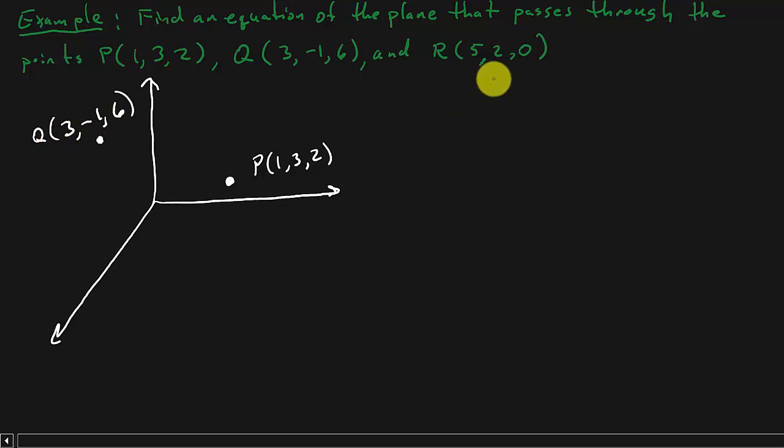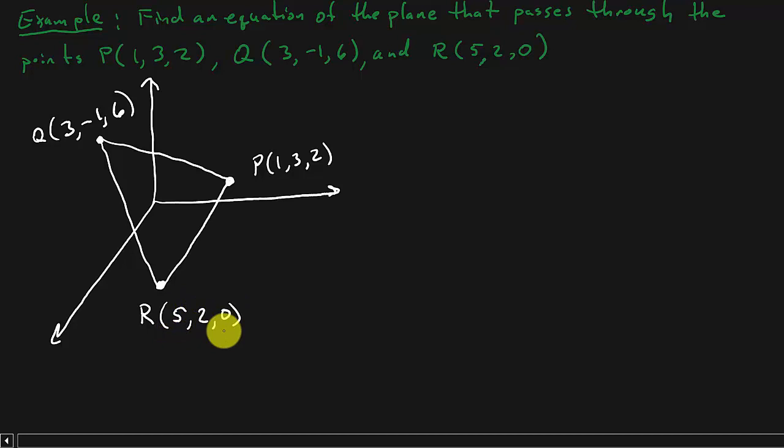And then we've got the point 5, 2, 0. So we're going to come down 5, go out this way 2. And that's going to intersect about right in there. And z is 0. And so I have this. And this is point R. That's the point 5, 2, 0. Okay.